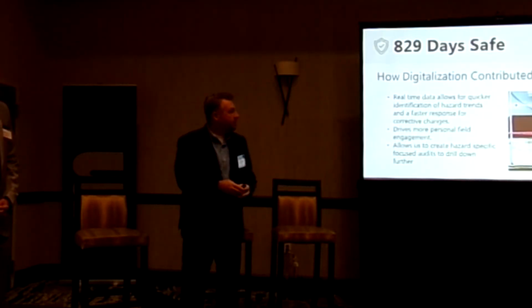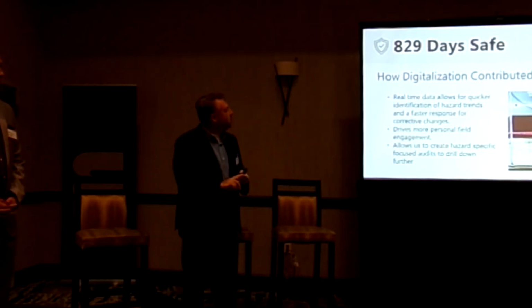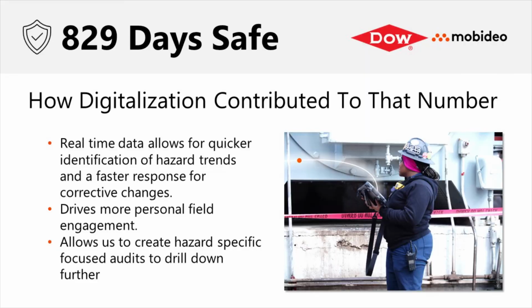Currently, in the overall group that I work in, which is maintenance, turnarounds, and construction projects, we are at 829. That number's about a week old, so we're about up to 836, 837 days safe without a recordable.